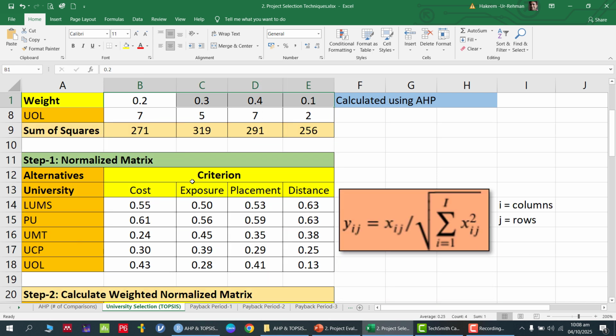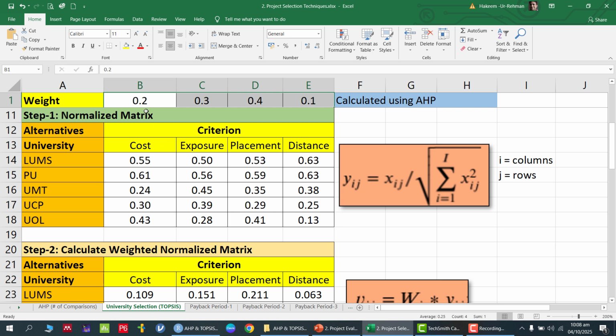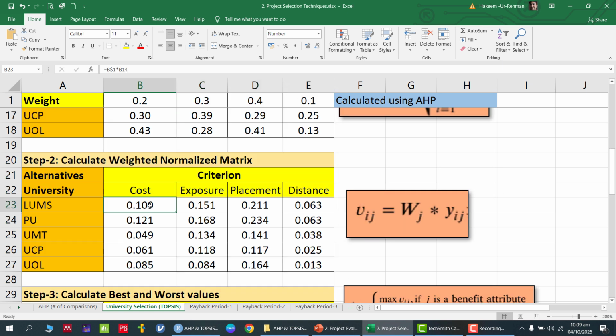So we multiply 0.2 by 0.55, similarly 0.3 by 0.50, 0.4 by this, and similarly 0.2 by 0.61. This is how we are calculating the weighted normalized matrix. We can drag and drop, and based on that, we have calculated the weighted normalized matrix.